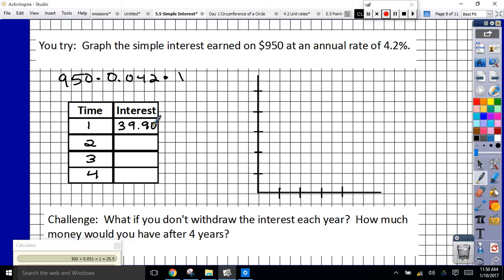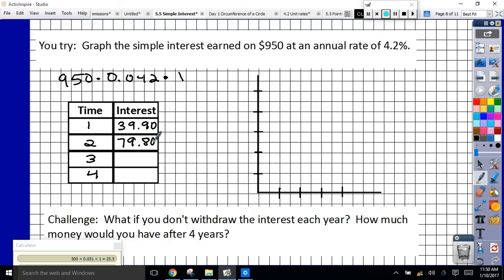$39.90. Okay, so for year 2, Myra, what interest are we up to? You didn't get that one? Volunteer for that one. Taylor? 79. Good. 79, and how much? It's actually not 90 cents, it should be 80 cents. $79.80.